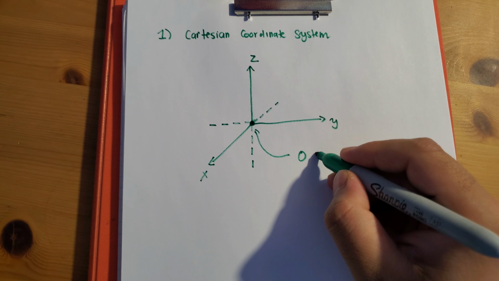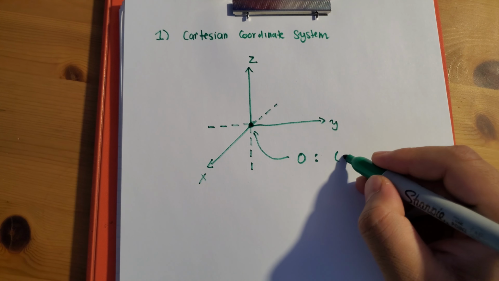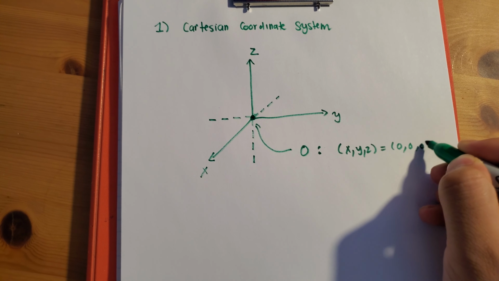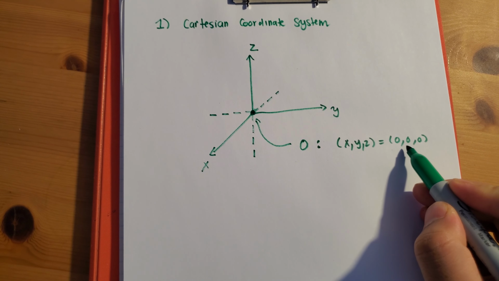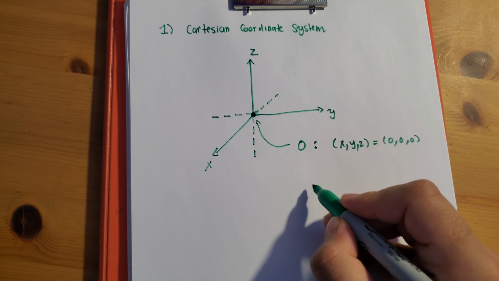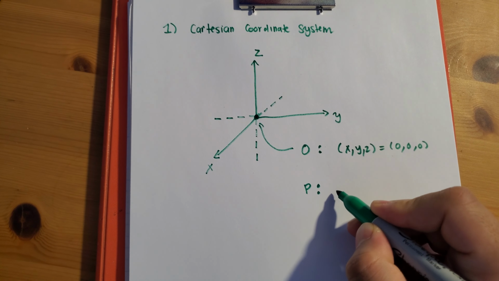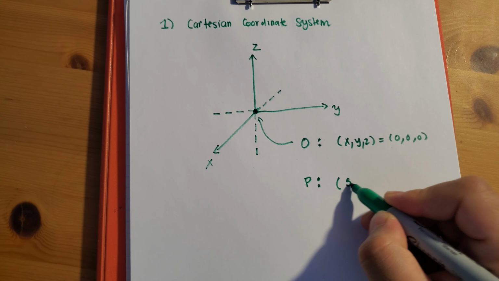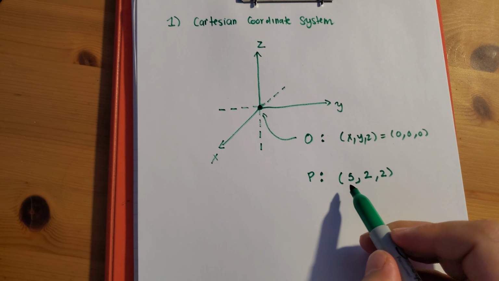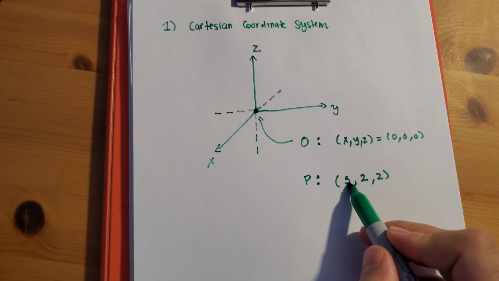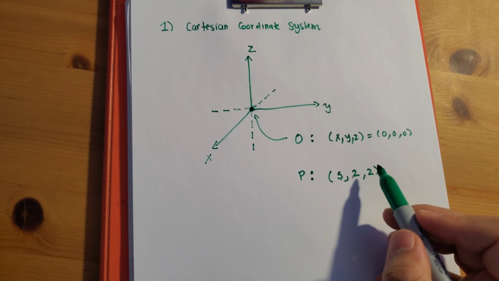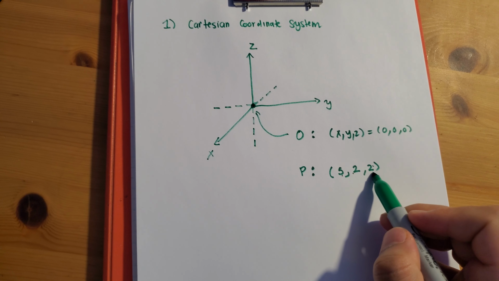And the origin is the coordinate x, y, z equal to 0, 0, 0, which just means you're at 0 x, you're at 0 y, and you're at 0 z. Let's say you move now to a point which I'll call P, 5, 2, 2. This is basically saying that you go in positive x 5 times, you go in positive y 2 times, and you go in positive z 2 times.